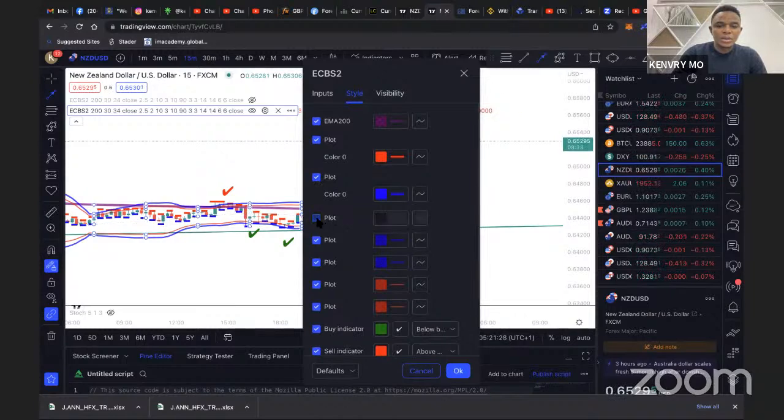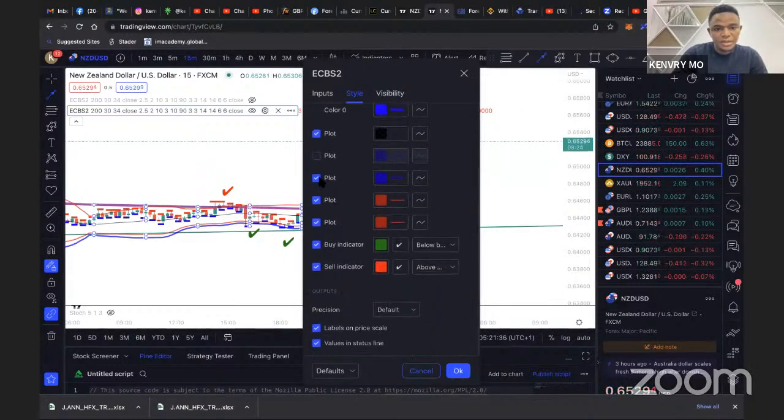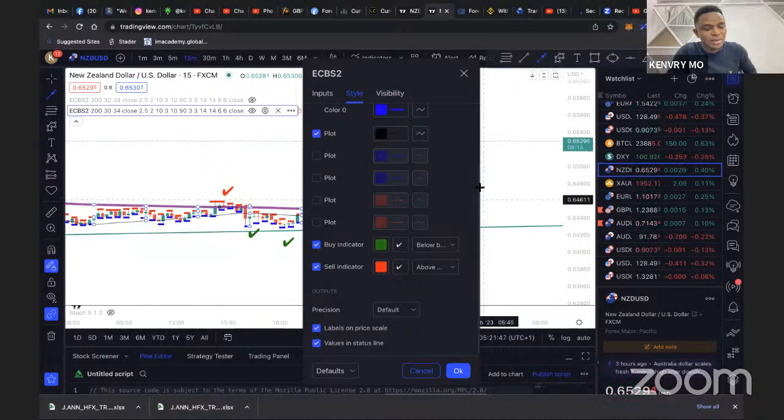Where is it? Okay, this is there. So this plot blue, remove it. These 2 blue and 2 red, just remove them. It brings the noise down. Does that make sense?